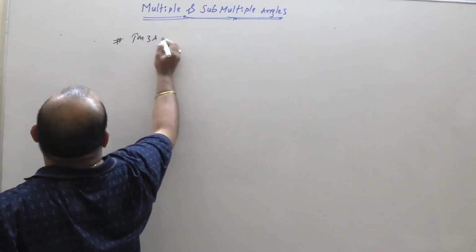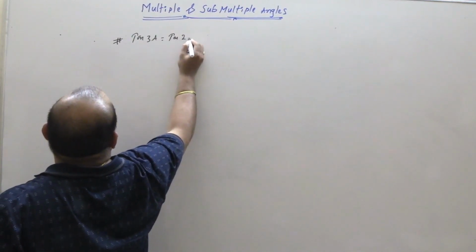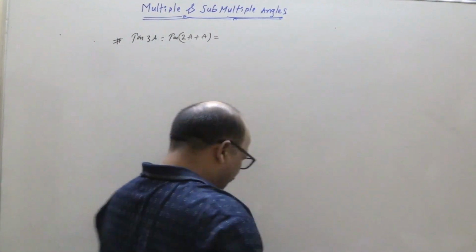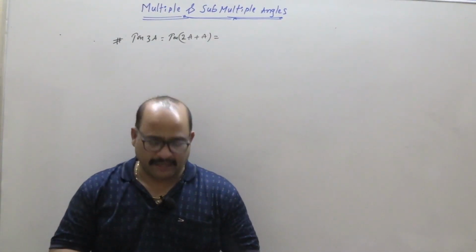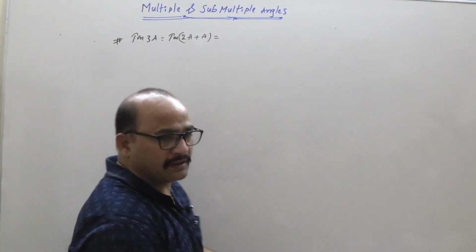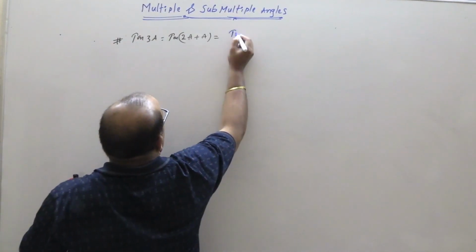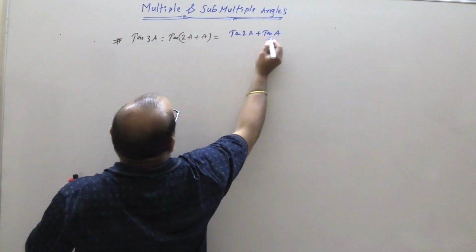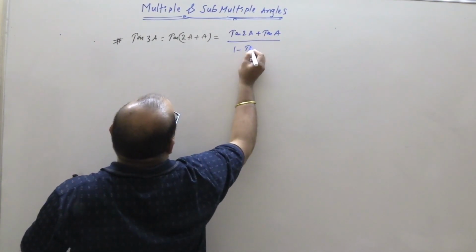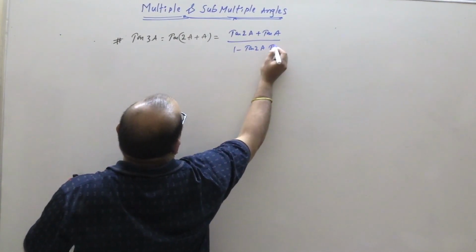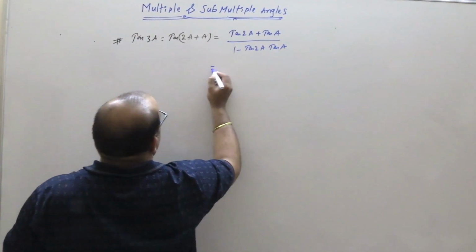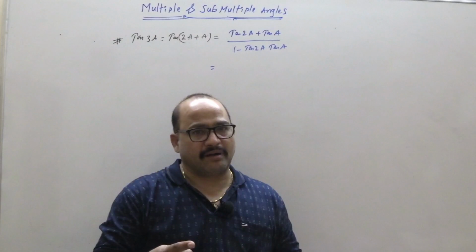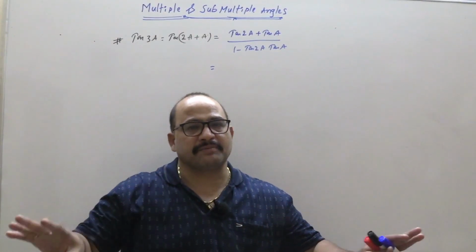Already, tan 3a can be written as tan of 2a plus a. Same logic, again the tan of a plus b formula: tan a plus tan b by 1 minus tan a tan b. Now I am going to write the tan 3a formula exclusively in terms of tan.